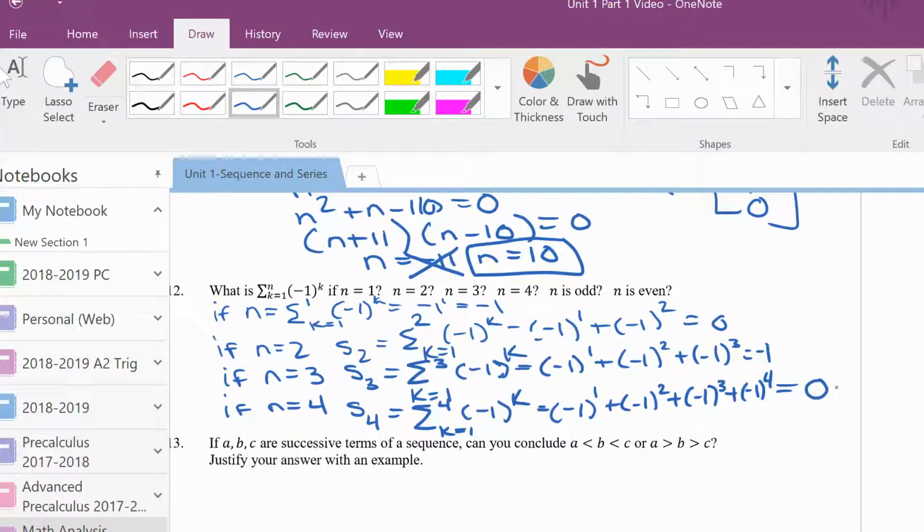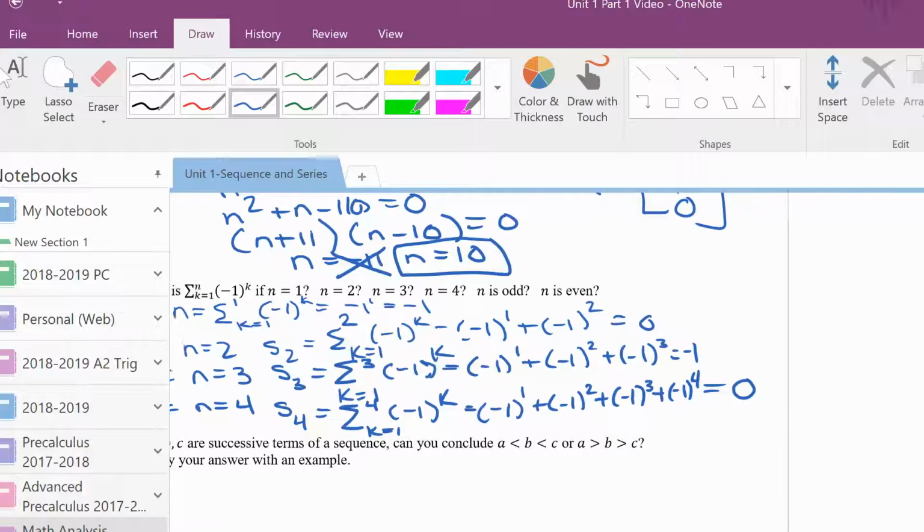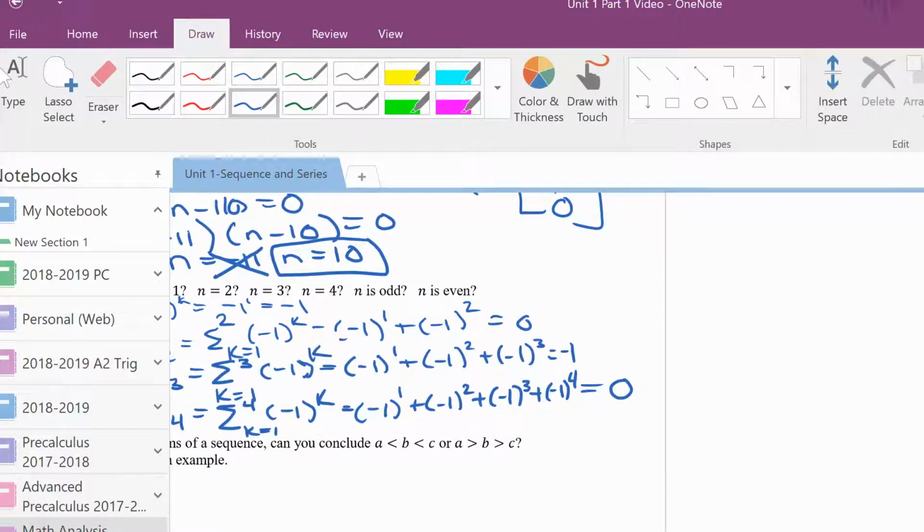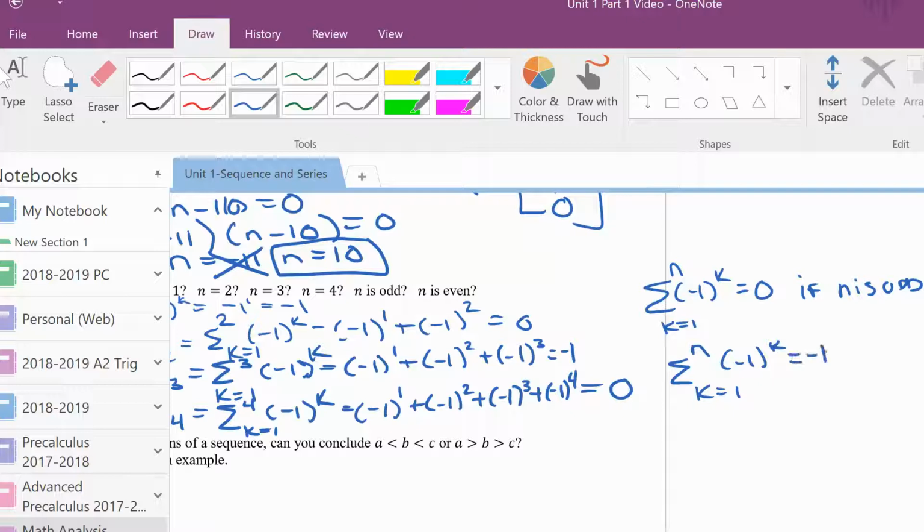So what can you determine about the sum if n is odd? If n is even, it's equal to 0.